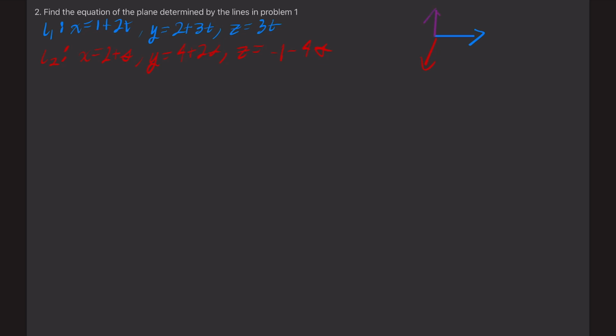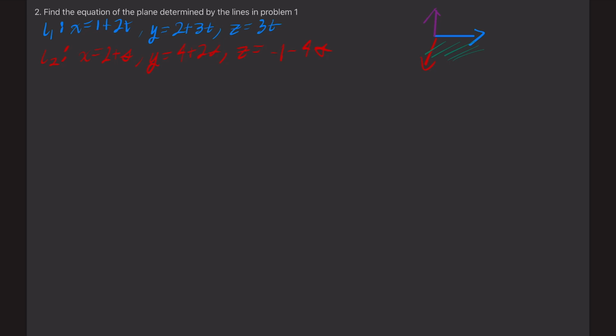That normal vector is going to be perpendicular to the plane created by those two lines. And we use that normal vector to define the equation of the plane.